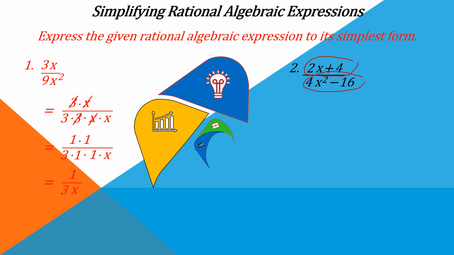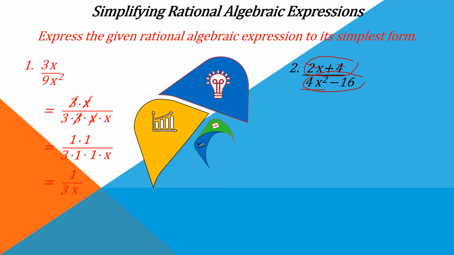The factors of 4x squared are 2x multiplied by 2x, which is the same as in our numerator, 2x. And the factors of 16 are 4 multiplied by 4, which is also the same in the denominator.